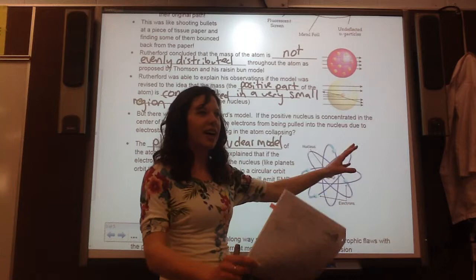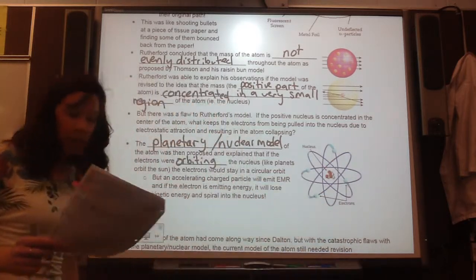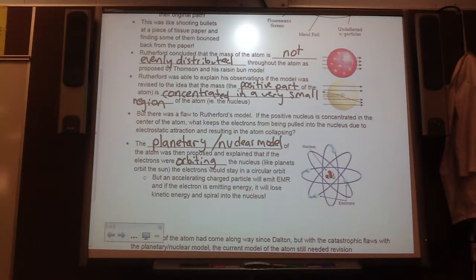However, this is also a problem because an accelerating charged particle, according to quantum mechanics, will emit EMR. Those orbiting electrons are emitting energy, and it will lose its kinetic energy and spiral into the nucleus, exploding the atom.